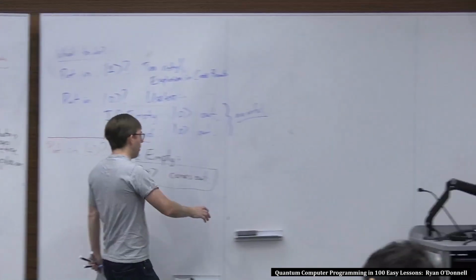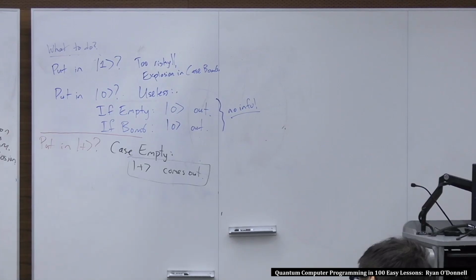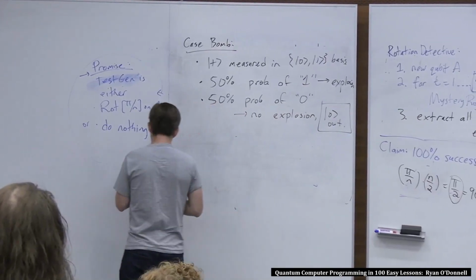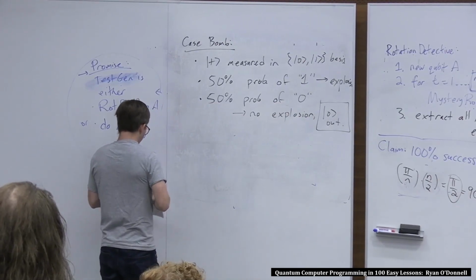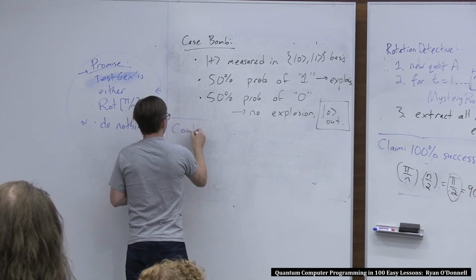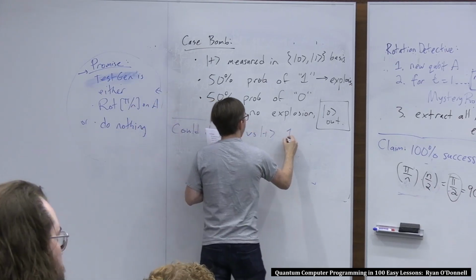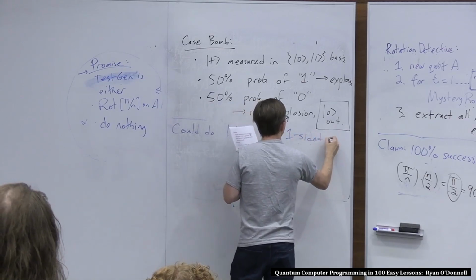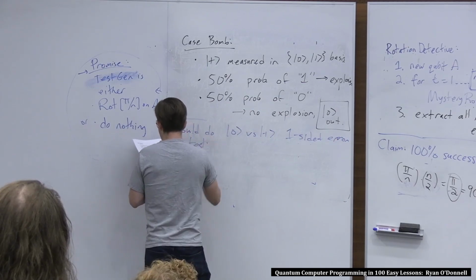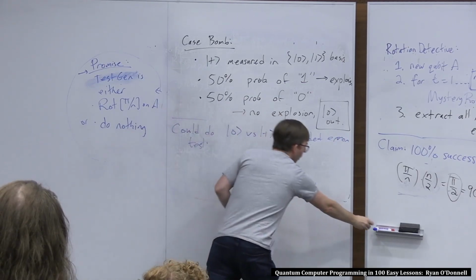Or you could, maybe, I don't want to say play it safe, but you can do the one-sided error test. So let's write that. You could do this 0 versus plus one-sided error test. And you can choose which side you want to be which.